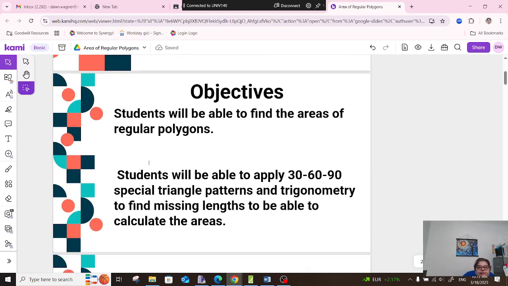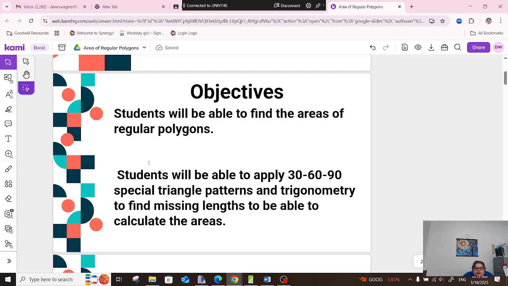So today's objective is that we're going to be able to find areas of regular polygons. What does regular mean again? Same size, same angles. Very good. And area means how much I cover, right?